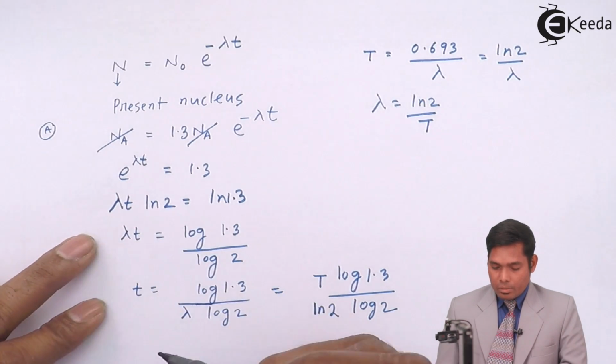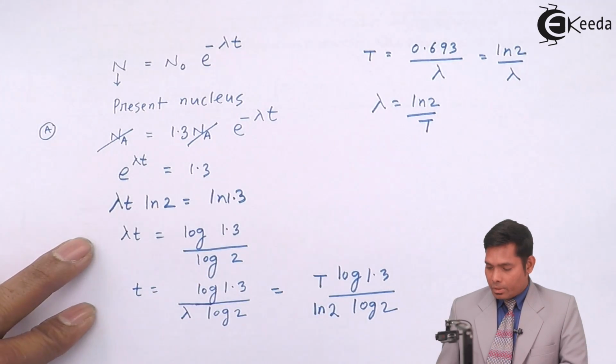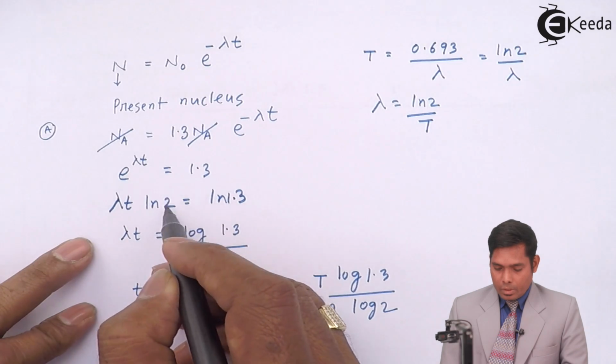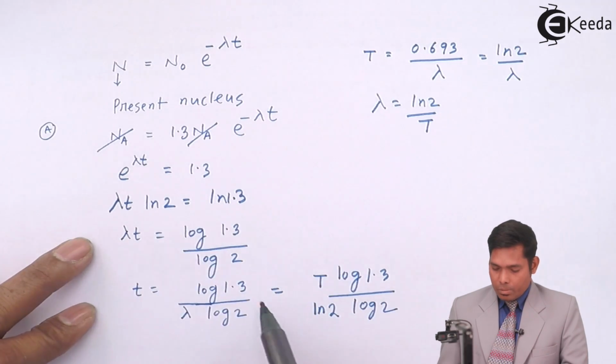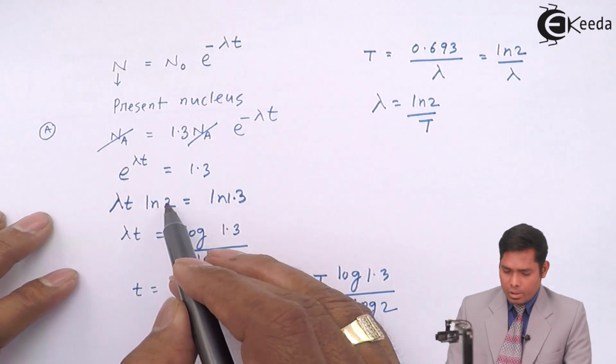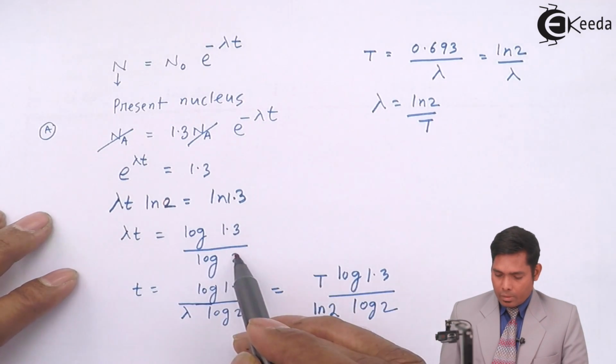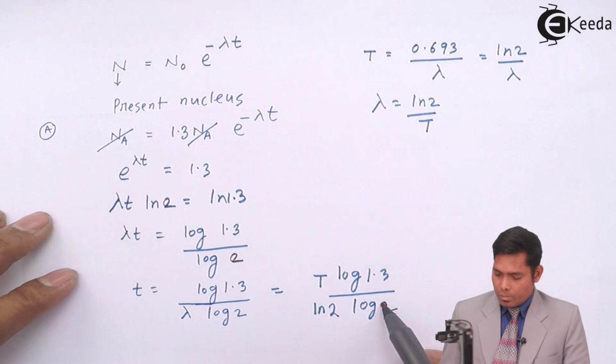There is one mistake over here. If you take log, lambda t multiplies log of e, and log of e is 1. So this becomes 1.